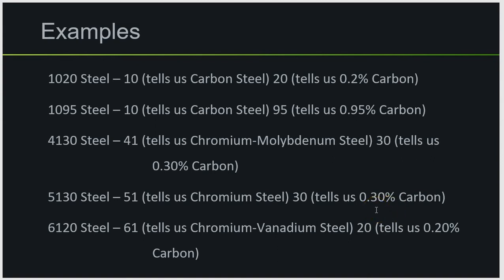So again, this one is on that fine line between low carbon and medium carbon. And then 6120 steel, the 61 would tell us that there's chromium and vanadium being added to the steel. And the 20 would tell us that there's 0.2% carbon. So this would be a low carbon steel, but it has chromium and vanadium being added.